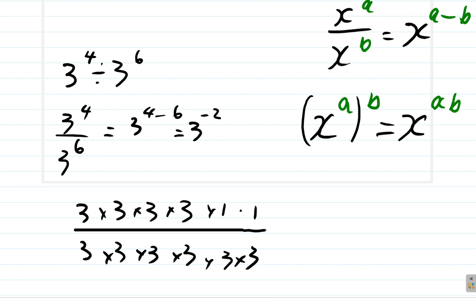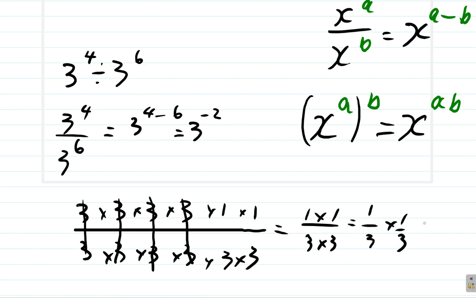So, alright. What does that give us? 3 cancels 3, 3 cancels 3, 3 cancels 3, 3 cancels 3. What do you have up here? 1 times 1 over 3 times 3 is the same as 1 over 3 times 1 over 3, right?